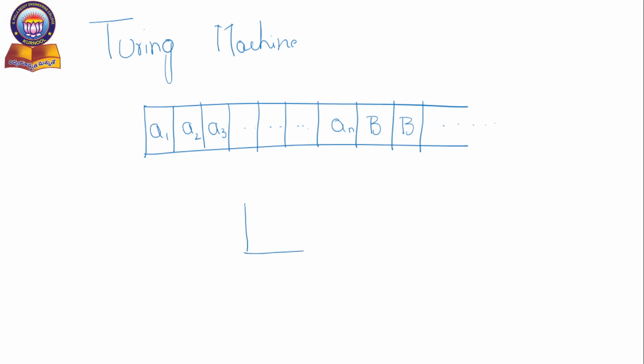There will be a finite control. The finite control will be holding all the states of the Turing machine, and there will be a header pointing to a particular cell of the tape. That means the finite control being in a particular state, it is reading the symbol A3 now.